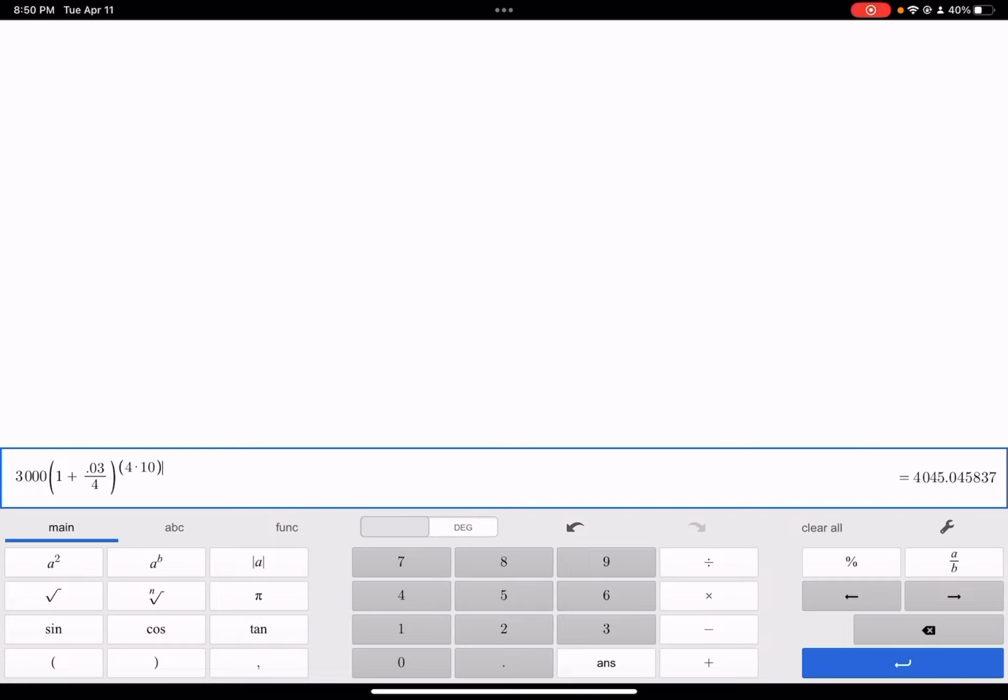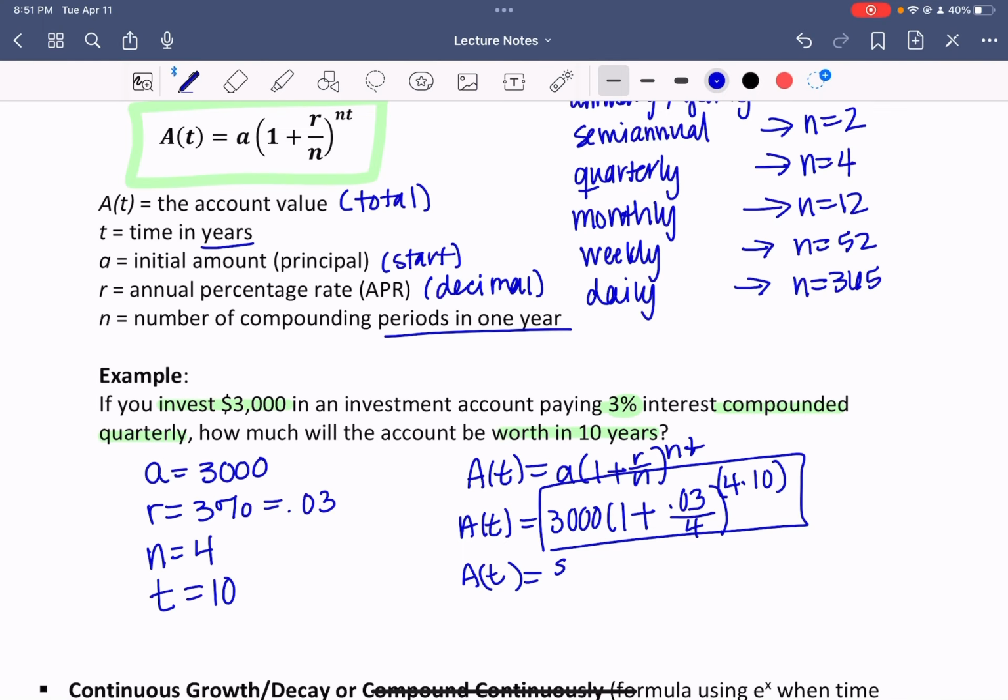Now this didn't tell us how to round, but we know it's dealing with money, and money is always going to be rounded to 2 decimal places unless otherwise stated. So our result for this one would be $4,045.05. So we'll just go ahead and write that down here. So I got $4,045.05.